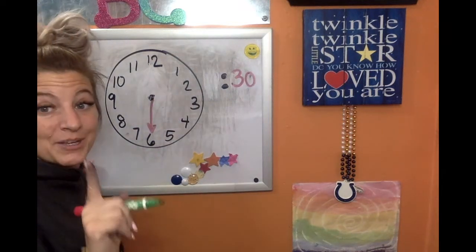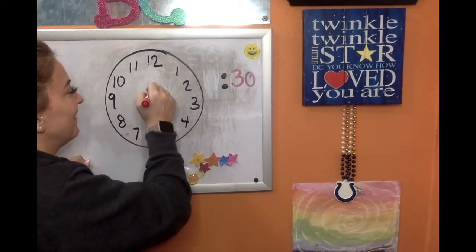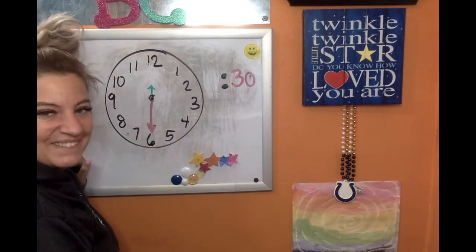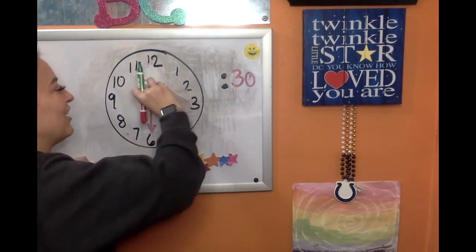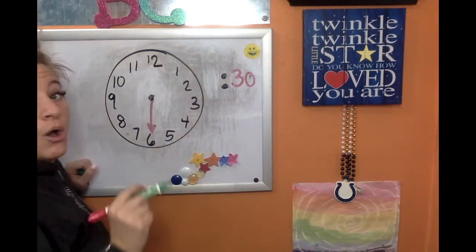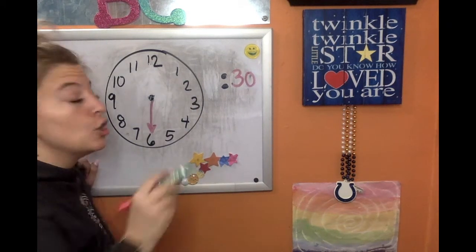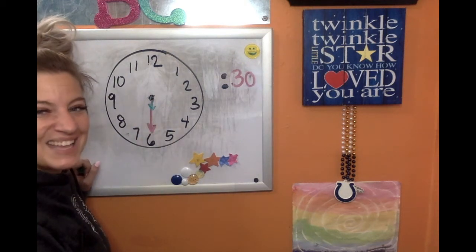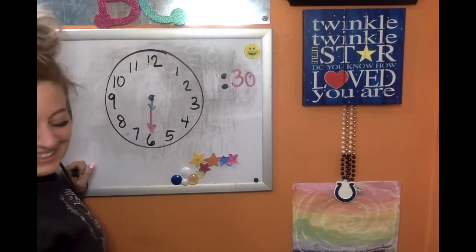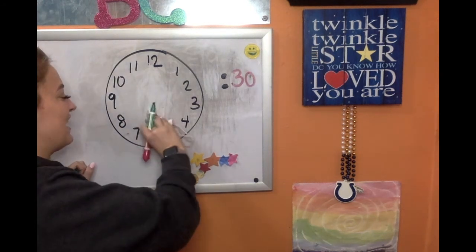Whoa. Okay, I'm going to try and trick you. What time is it? 12:30. Good job. Okay, now this one's going to be super, super, super tricky. What time is it? 6:30. Good job. You guys aren't tricked.